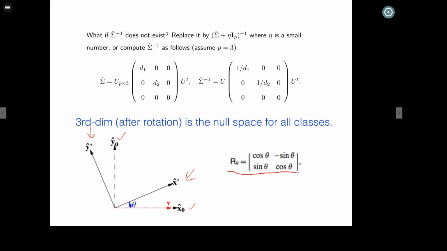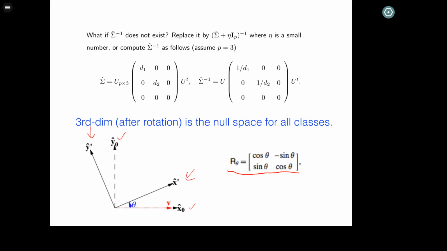So the U here just denotes some kind of a 3-dimensional rotation matrix, in the sense that if we rotate our coordinates in a 3-dimensional space, then we look at our data, again in the 3-dimensional space, where the first dimension is going to have variance D1, the second dimension is going to have variance D0, and the third dimension is going to have variance 0. It means that in the third dimension, all the data points are equal to each other, so there's no variation at all.